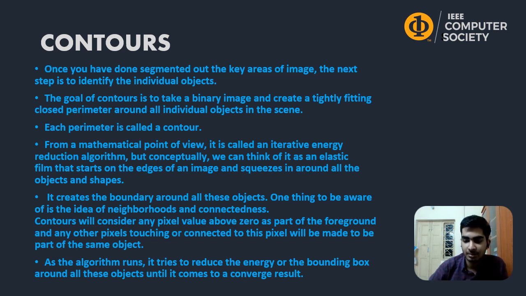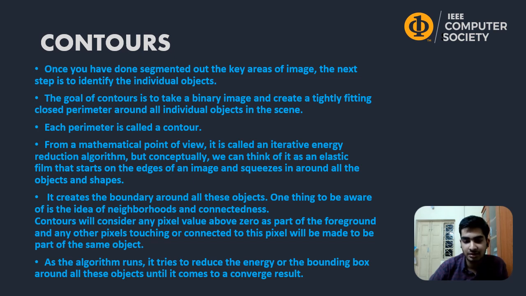From a mathematical point of view, it is an iterative energy reducing algorithm. But conceptually, we can think of it as an elastic film that starts at the edges of an image and squeezes in around all the objects and shapes. It creates a boundary around all these objects. One thing we need to be aware of is the idea of neighborhoods and connectedness.